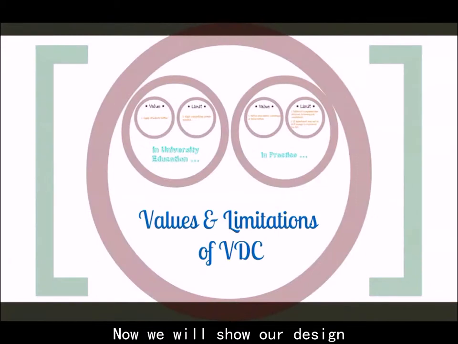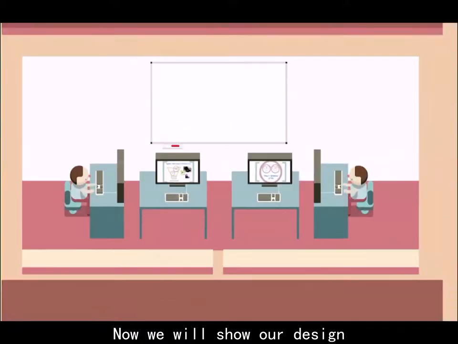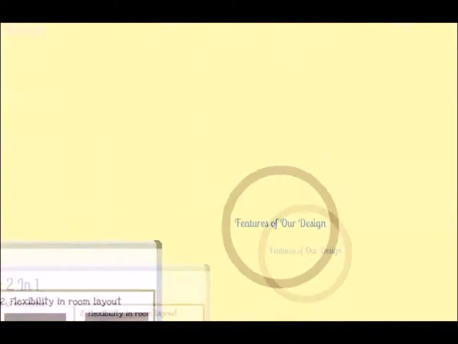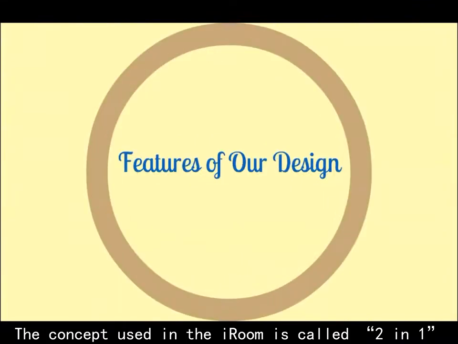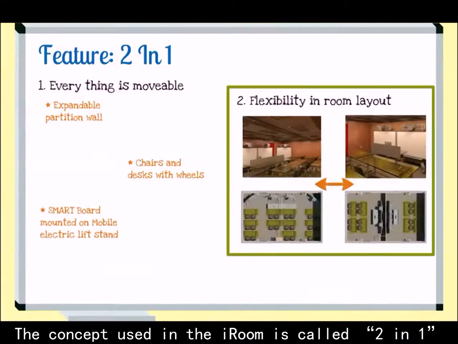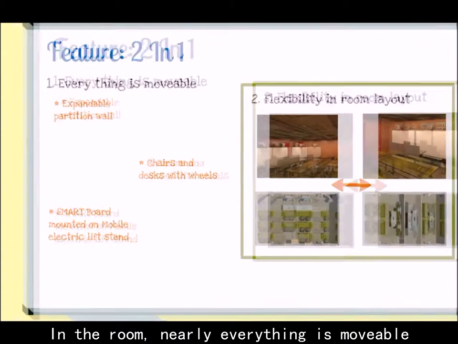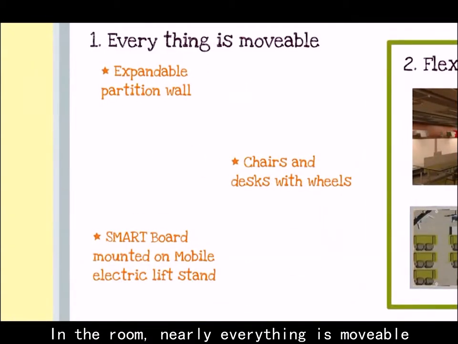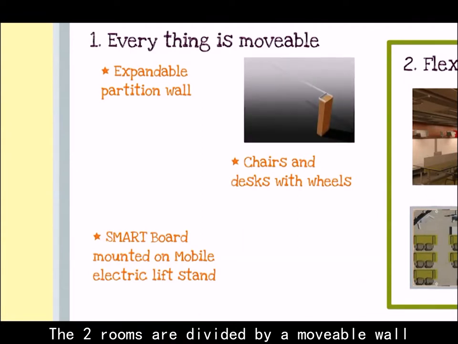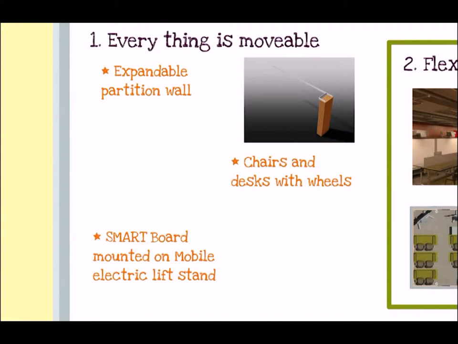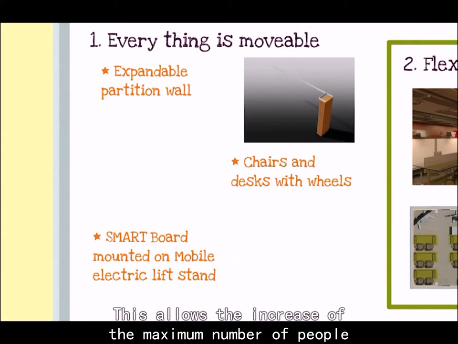Now, we will show you our design. The concept used in iRoom is called 2-in-1. In the room, nearly everything is movable. The two rooms are divided by a movable wall, so whenever required, the separating wall can be removed.